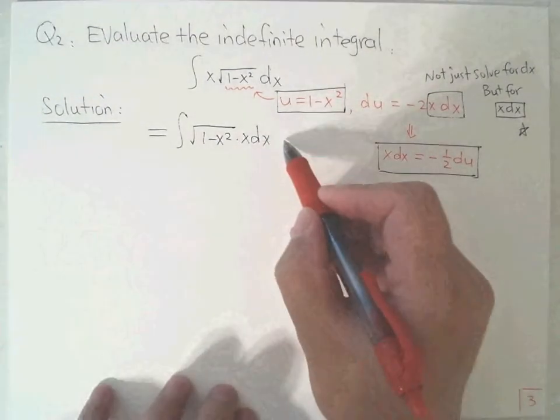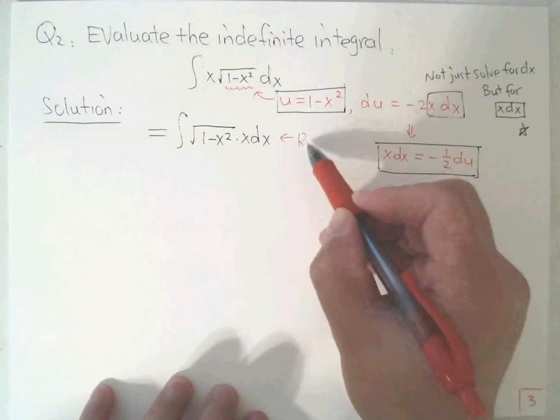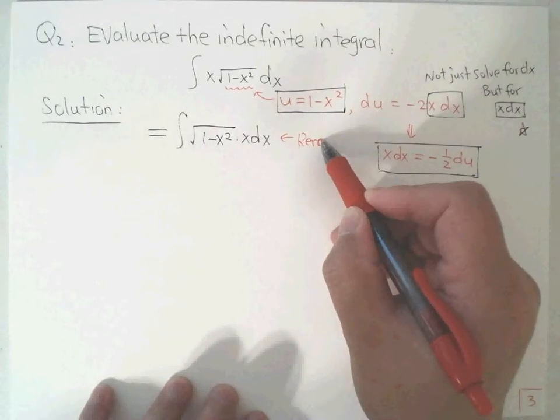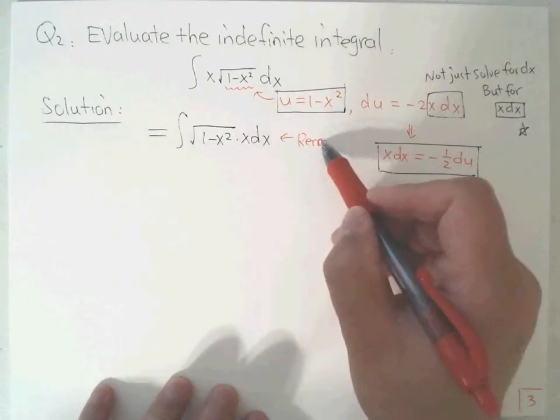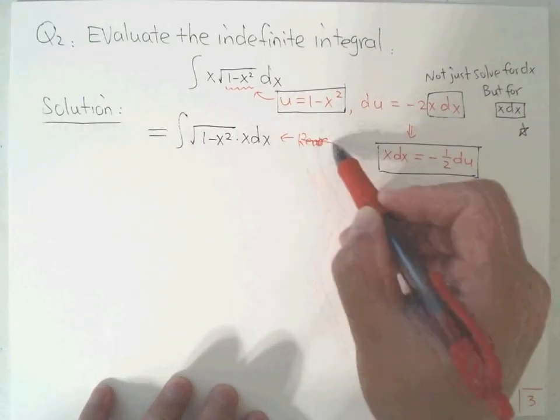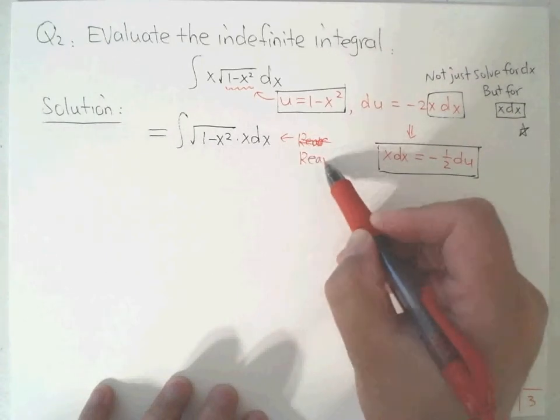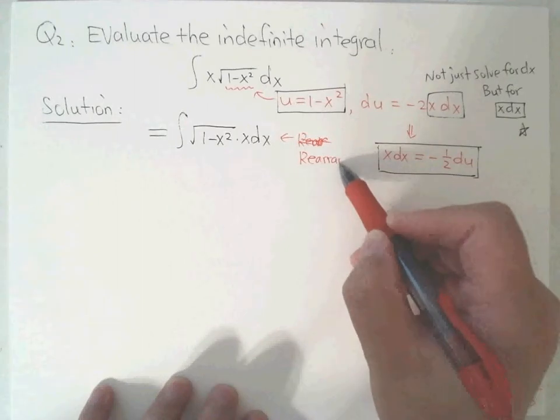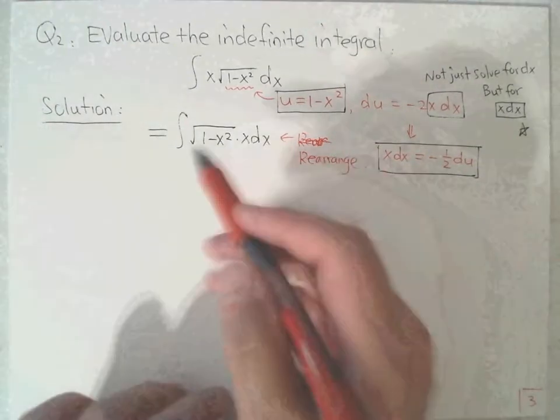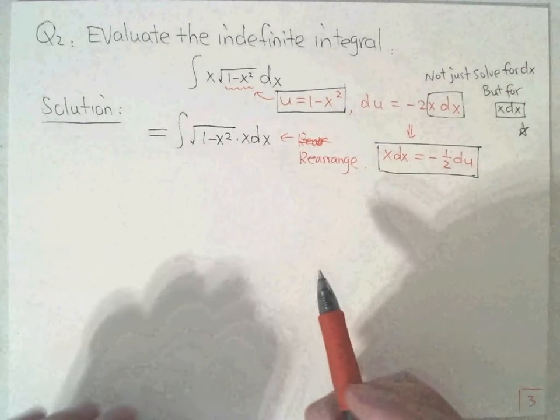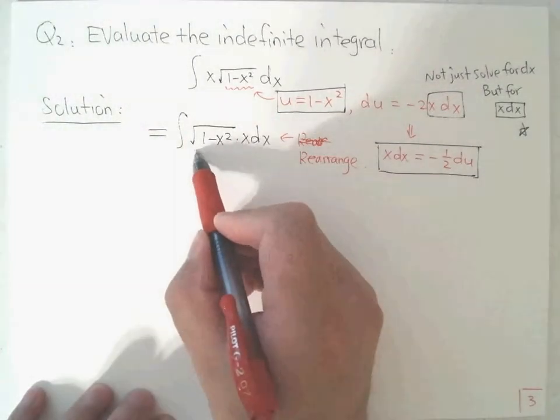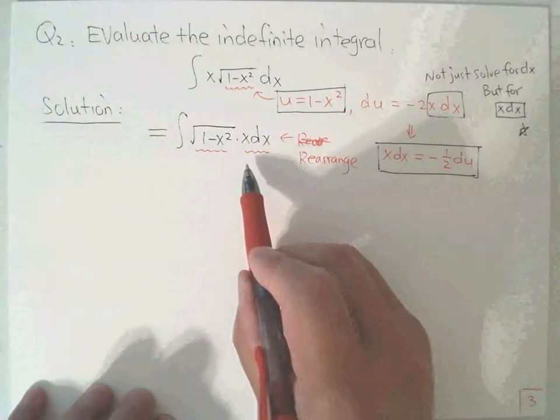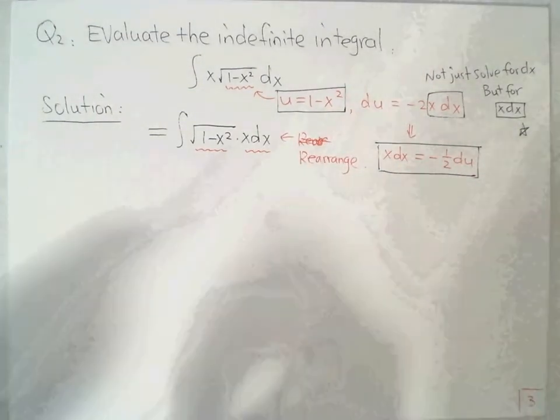It's just a simple rearrange. Rearrange the order in this way, and this is a simple function, with x times dx there.